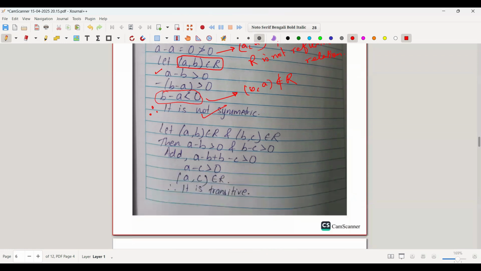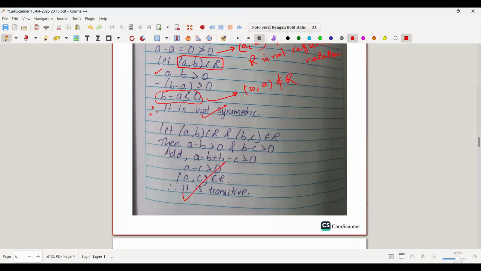Now let (a, b) belong to R and (b, c) belong to R. Then a minus b is greater than 0 and b minus c is greater than 0. Adding, a minus b plus b minus c is greater than 0. Then a minus c is greater than 0, and (a, c) belongs to R. So R is transitive.